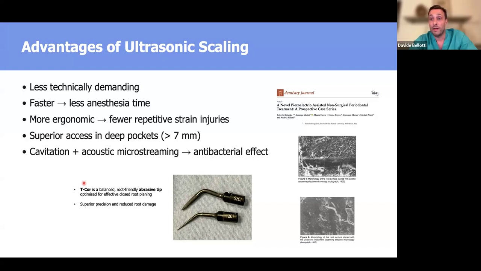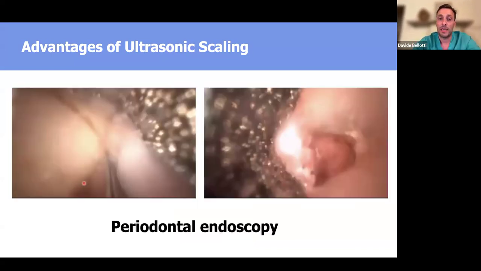It also has a very important antibacterial effect. Cavitation, as with the scaler, is proven to be antibacterial. There are many different piezoelectric and ultrasound systems that can be used. Here, I'll show you, I found this nice video of periodontal endoscopy, and that's what we should do for closed root planing.